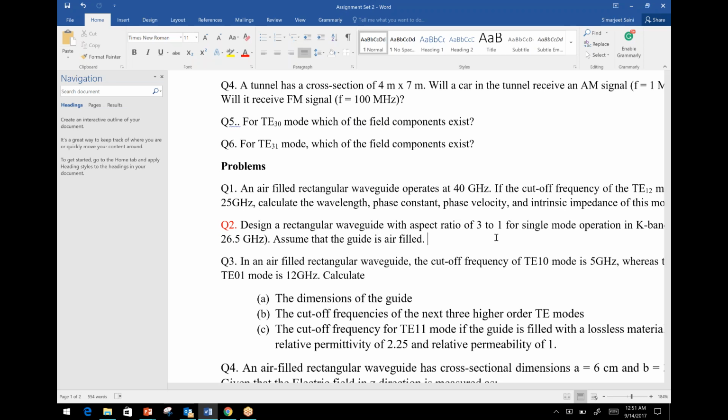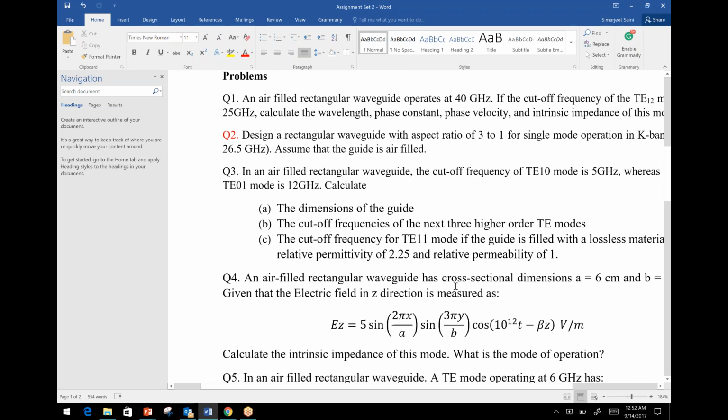You have to think through that I want the loss to be low within my waveguide. You can look at what the loss curve looks like for this structure, and decide how low your cutoff frequency has to be with respect to the operating frequency of 18 gigahertz. So that's where you can make this question really interesting if you think through it.